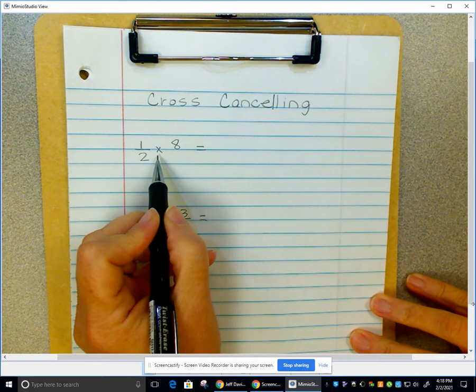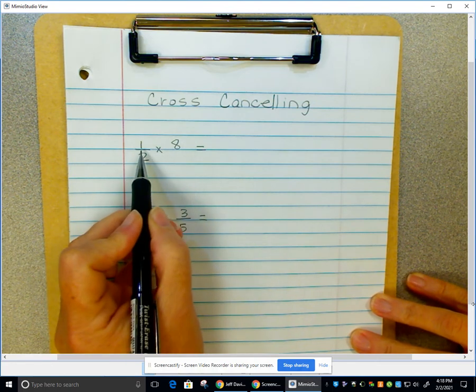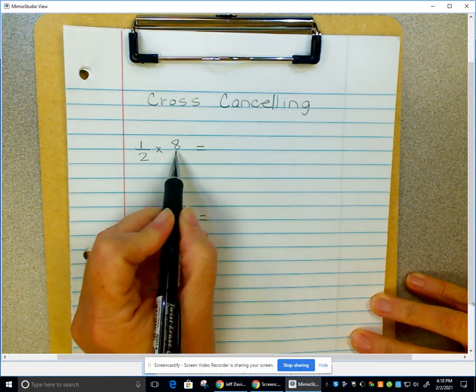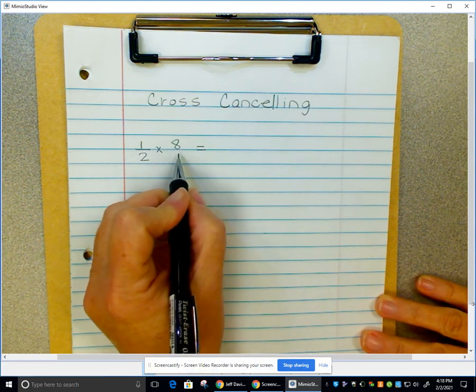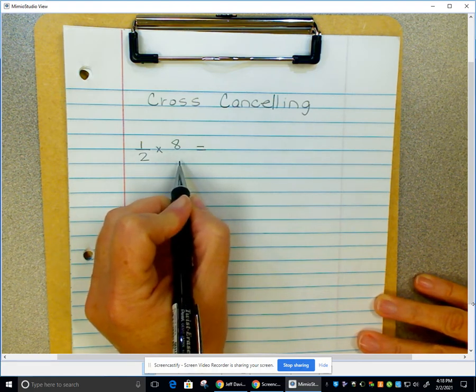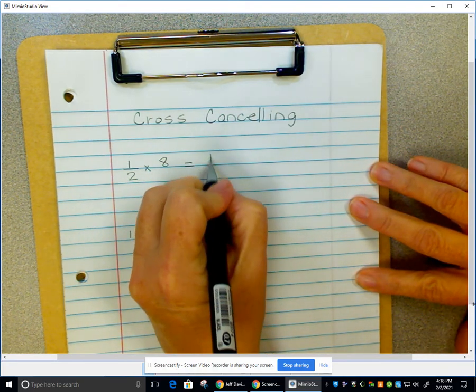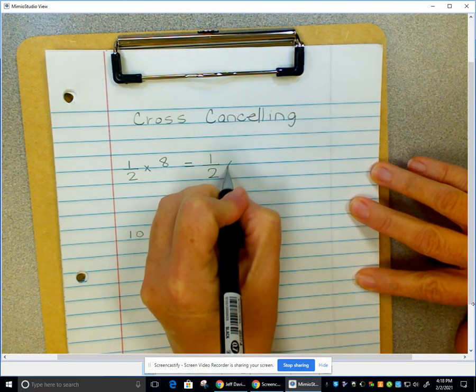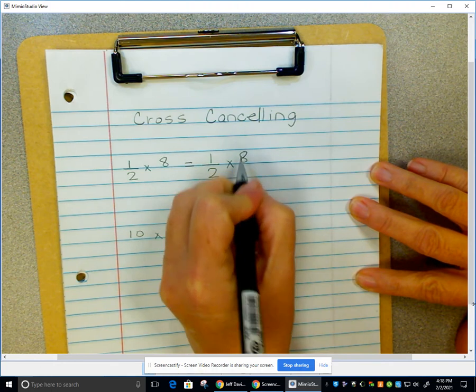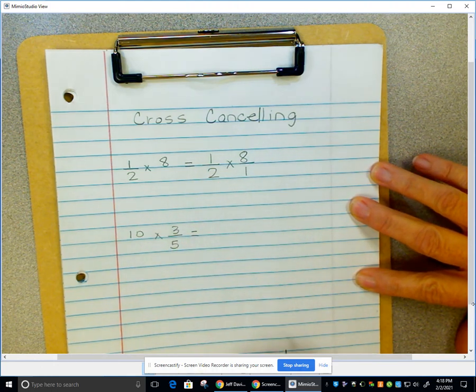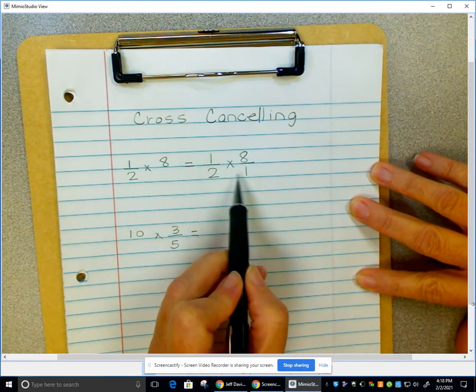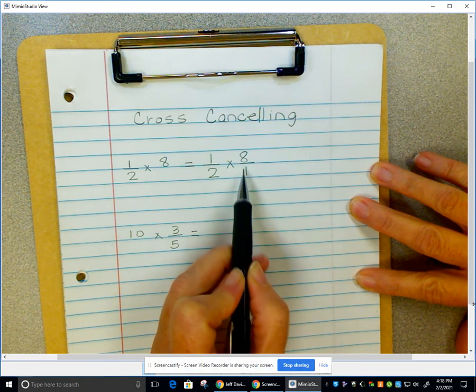Now, we know if I want 1/2 times 8, I can slap a 1 under it, right? So I would say 1/2 times 8 over 1. Same problem. I just slapped a 1 under the 8.